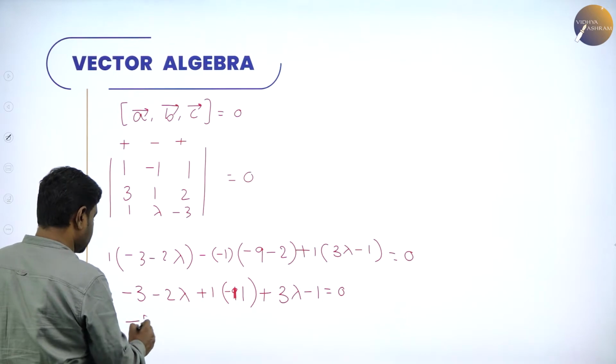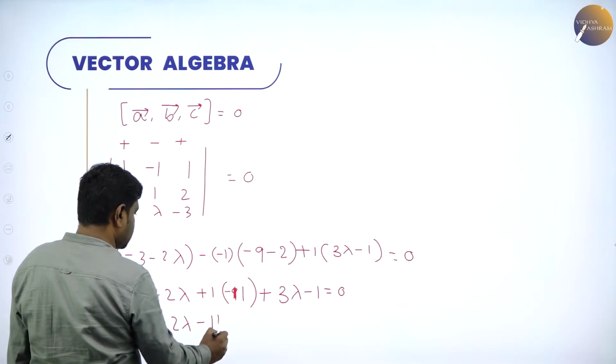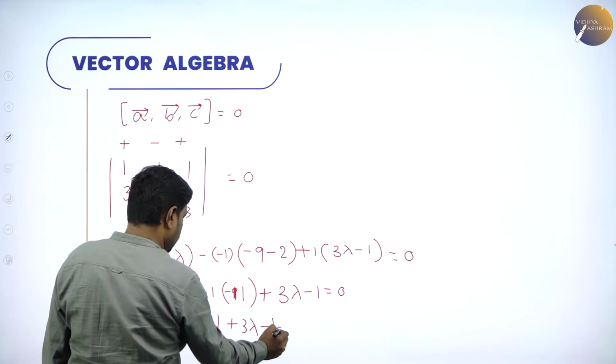Further, minus 3 minus 2 lambda minus 11 plus 3 lambda minus 1 equal to 0.